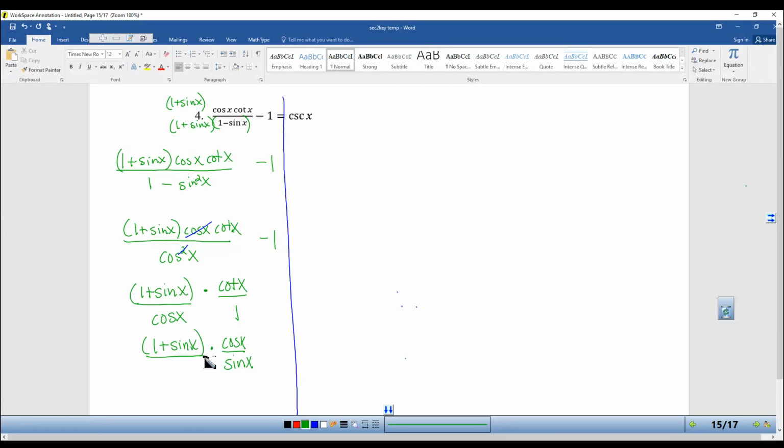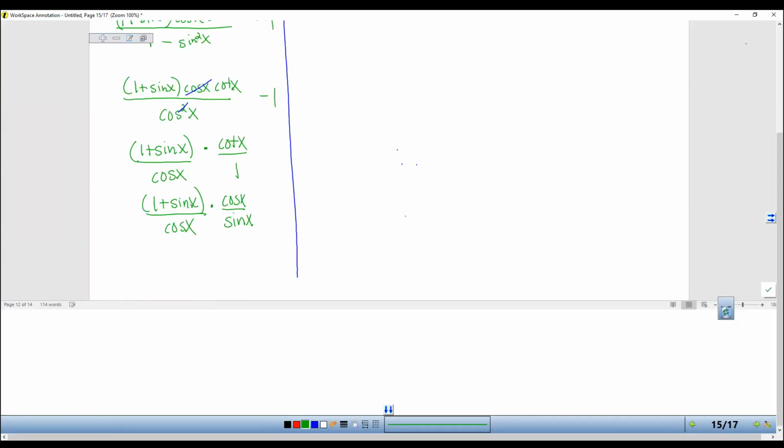So I thought I'll separate it out first, and that way I can make it into a fraction. And that actually worked out really nice, because now I have the cosines canceling. And when I remultiply, the numerator is just a 1 now. So 1 plus sine of x over, and then that cosine's gone, over sine of x.